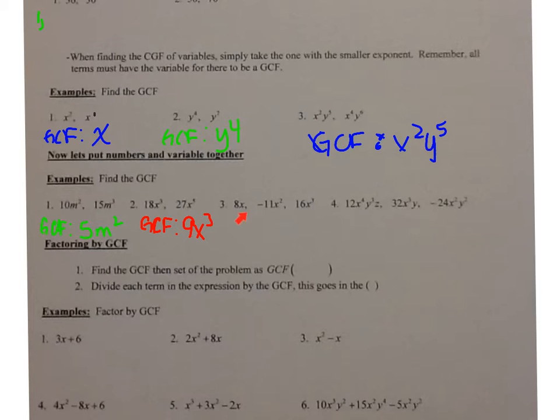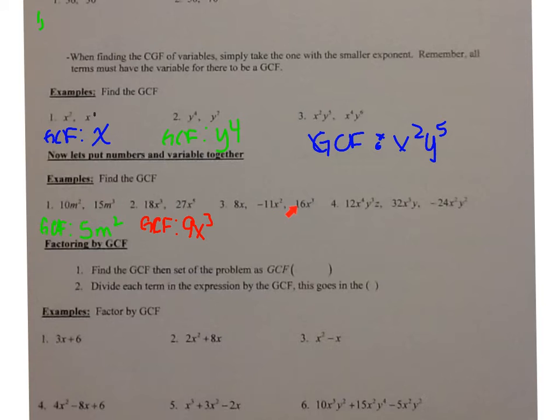All right, number 3, we have 8x, negative 11x squared, 16x to the third. So let's start with 8, negative 11, and 16. So 8 goes into 8 and 16, but 8 does not go into 11. 11 is a prime number, so the only numbers that divide into 11 are 11 and 1.